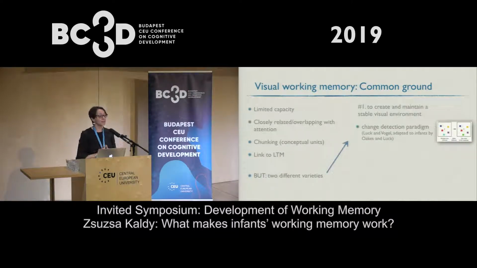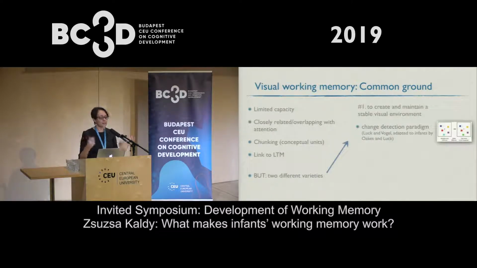And this has been studied with the change detection paradigm very successfully. The original paper that started it all, in a way, was by Luck and Vogel in 1997. Everyone loved this paradigm because it's super easy. You can use it in an fMRI.